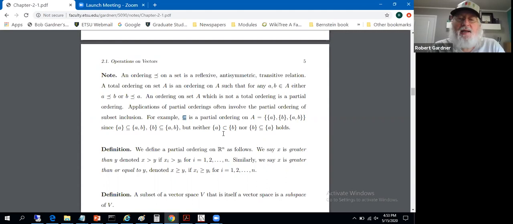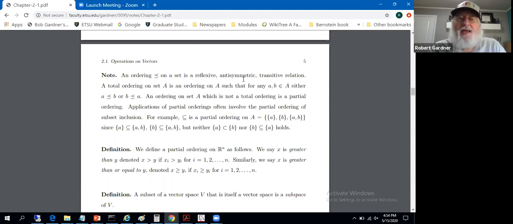We can't say A is a subset of B or B is a subset of A, subset or equal to. Neither of those hold. So this element of set A and this element of set A are not comparable. We don't have either this or this. We don't have a total ordering. This is a partial ordering because these aren't comparable. Also, if we do have one thing is a subset of the other and the other is a subset of the one, then of course the sets have to be equal.